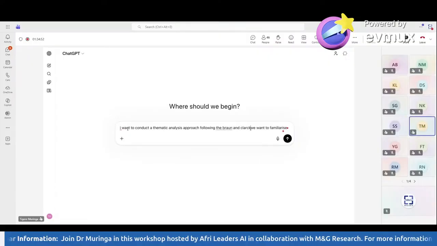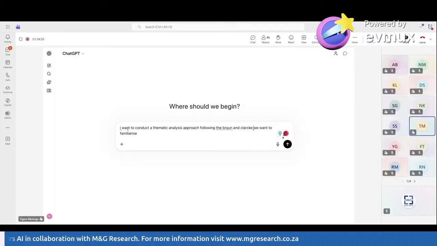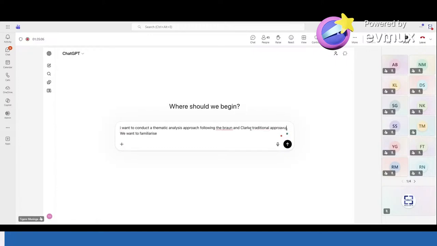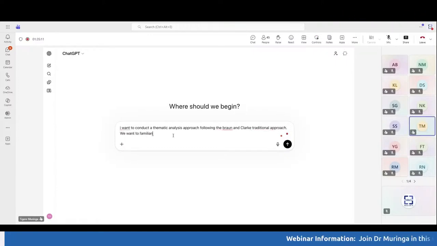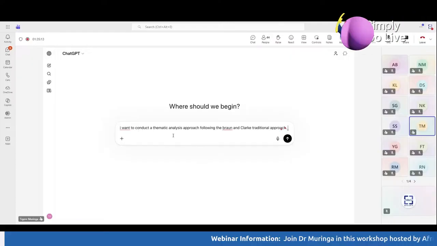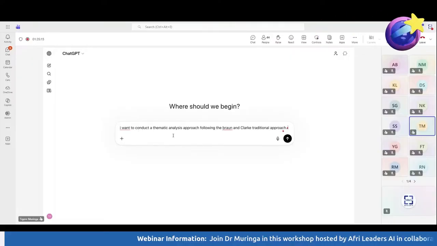It's very important to know the kind of thematic analysis approach that you need to use, because they're different. There is a reflexive one. So what is the role of ChatGPT?